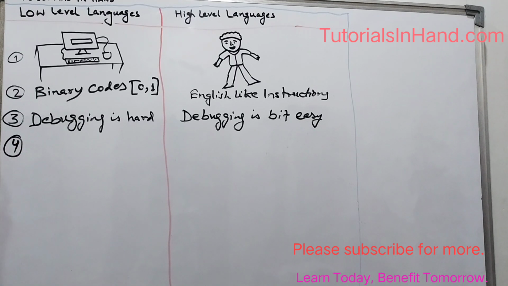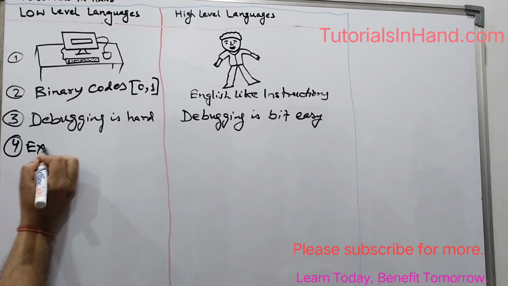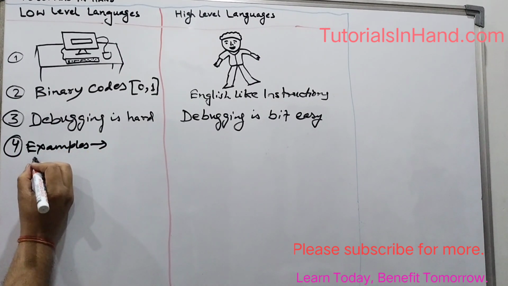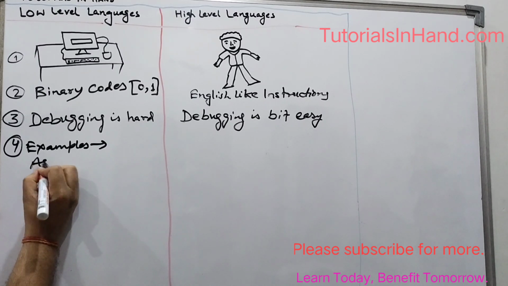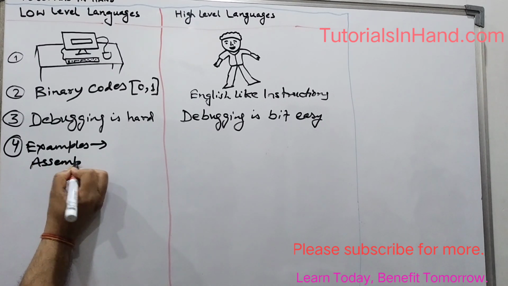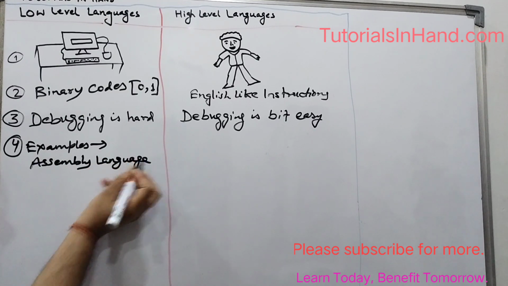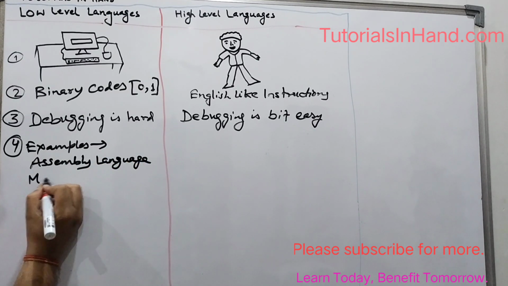The fourth one is going to be the example. Low level language examples can be written as assembly level language and machine languages.